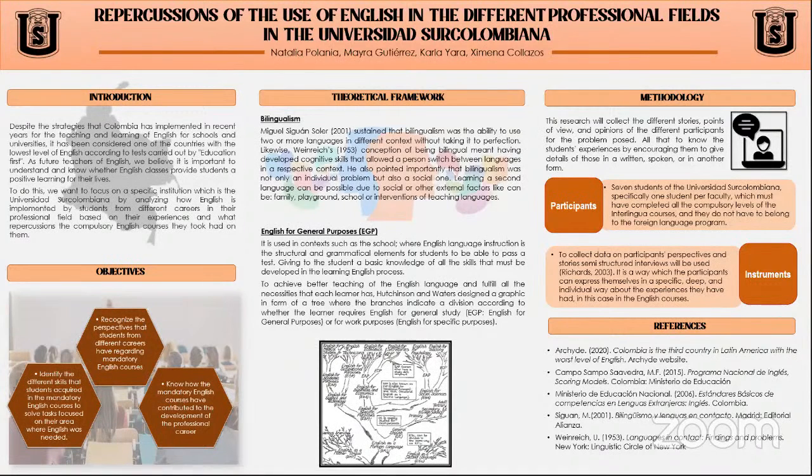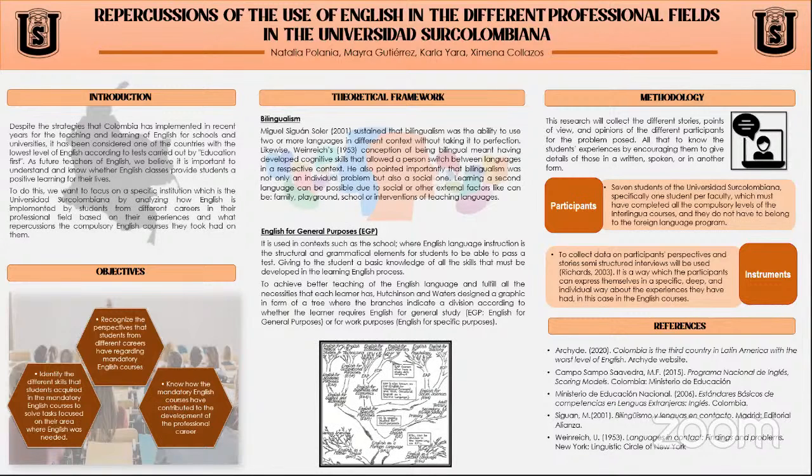Several countries have adopted this language as their second language to make communication between countries easier, and Colombia is one of them. Our country has implemented English not only in schools or institutions, but also in careers, so that people can be more prepared for today's work.